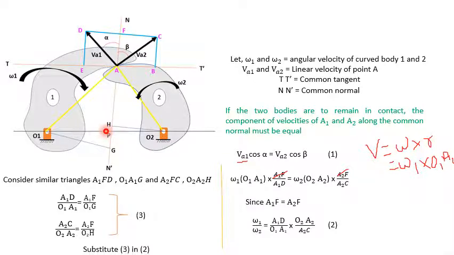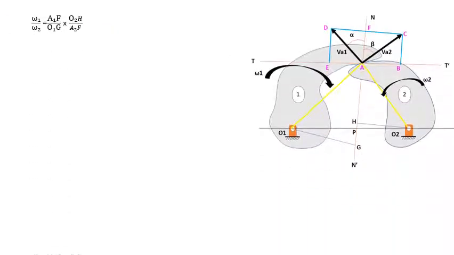Now substitute equation 3 in equation number 2. So omega 1 by omega 2 is equal to A1F divided by O1G into O2H divided by A2F.